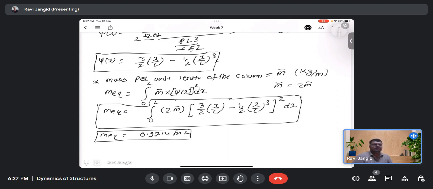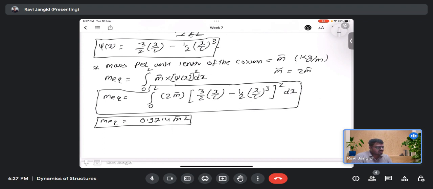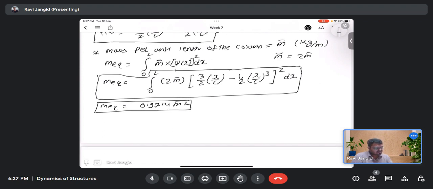Okay, might be you are getting some calculation mistake. So m equivalent is this. Now we need to find out the k equivalent.